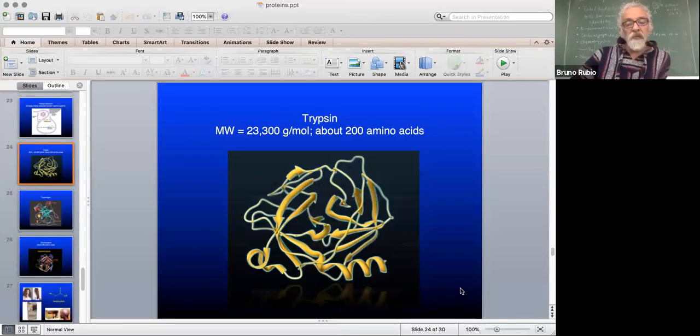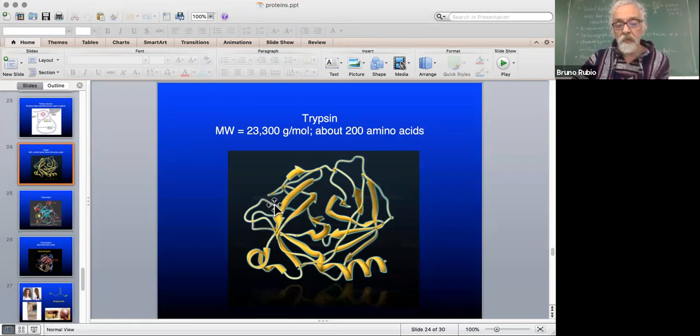Okay, so here's one of those ribbon diagrams of trypsin. The molecular weight of trypsin is about 23,000 grams per mole. That's a huge molecular weight. It's made up of 200 amino acids. And so we talked about how amino acids have helical regions and how we have beta pleated, and that's represented by these arrows, the helical region by these corkscrews.